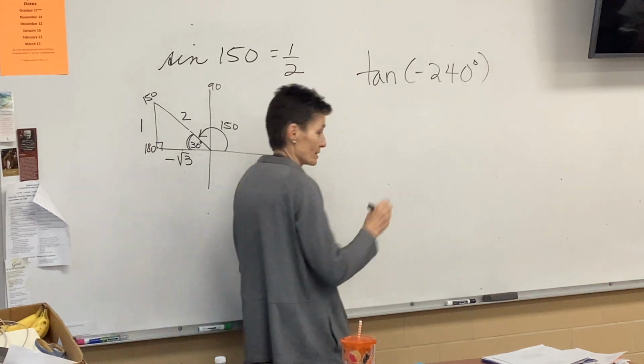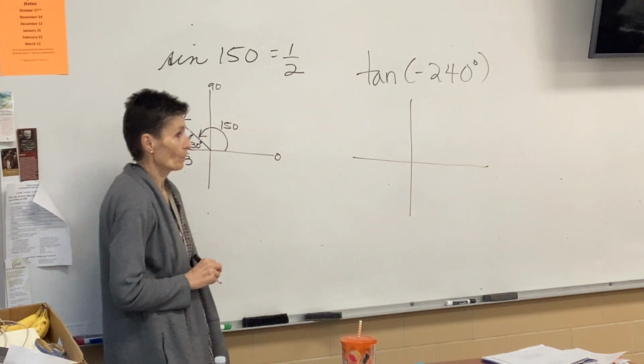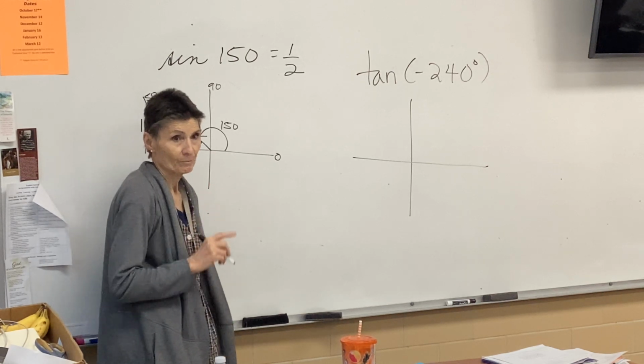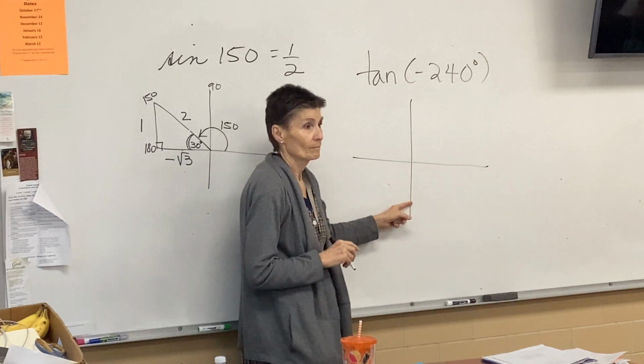Okay, step 1. Let's draw negative 240 degrees. So what does negative mean? Negative means you go this way.